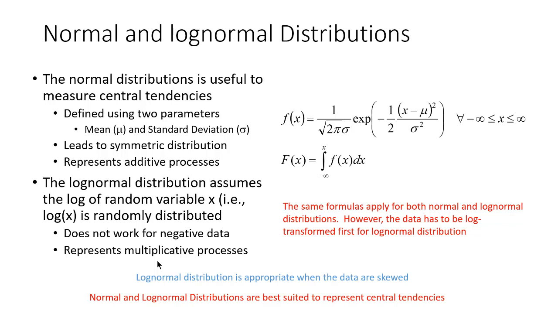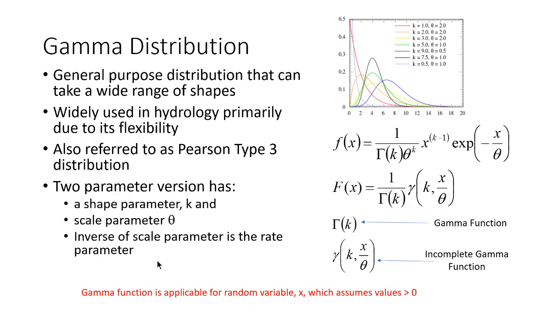Log normal distribution also has this character that you can't have negative numbers, and that again is very characteristic of our concentrations and flow rates. Log normal and normal distributions are best suited to represent central tendencies. They're not really distributions used to model extreme values in most cases.